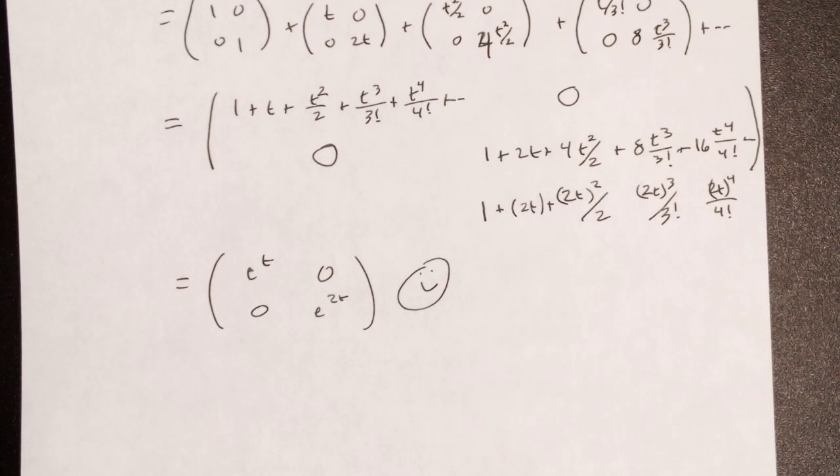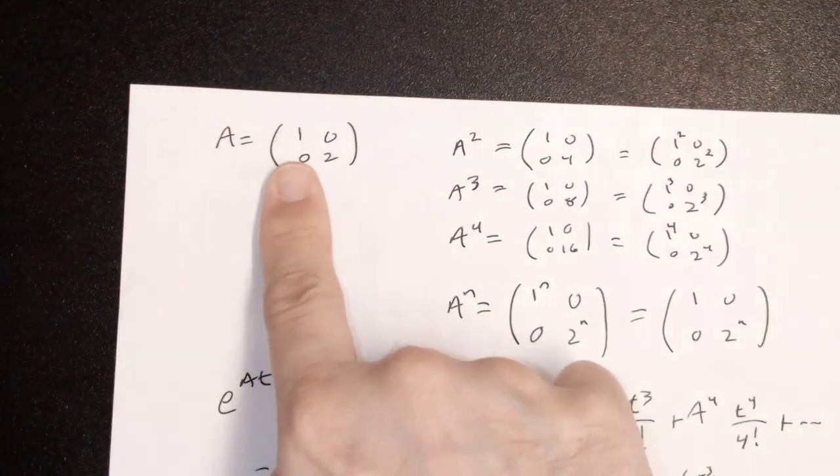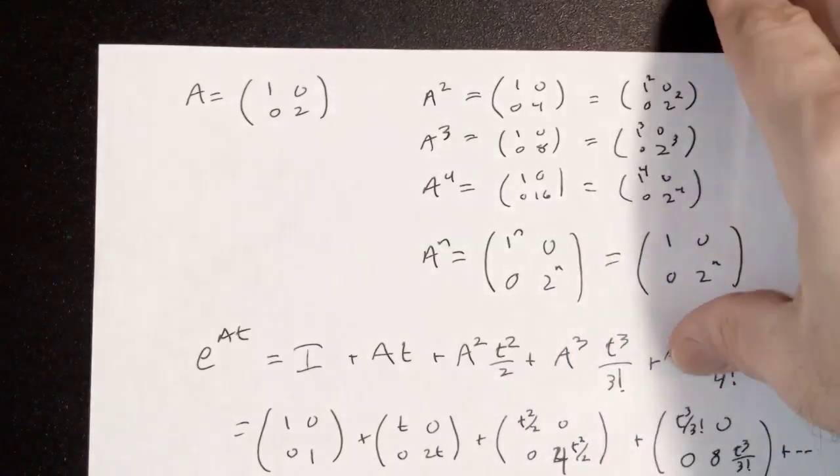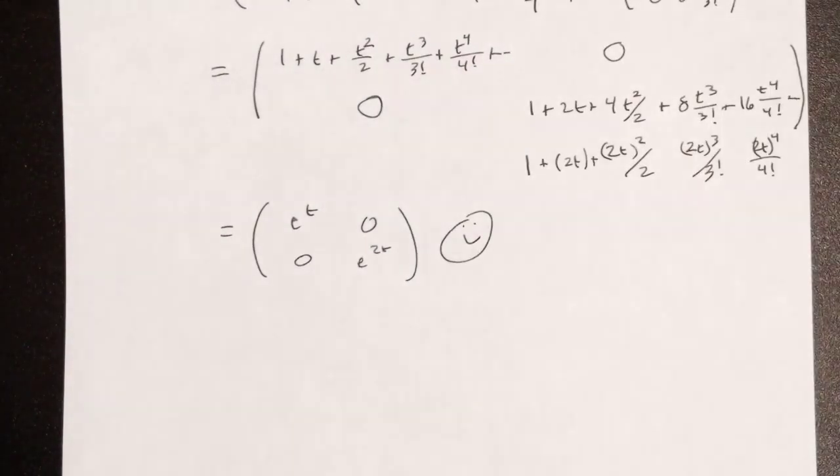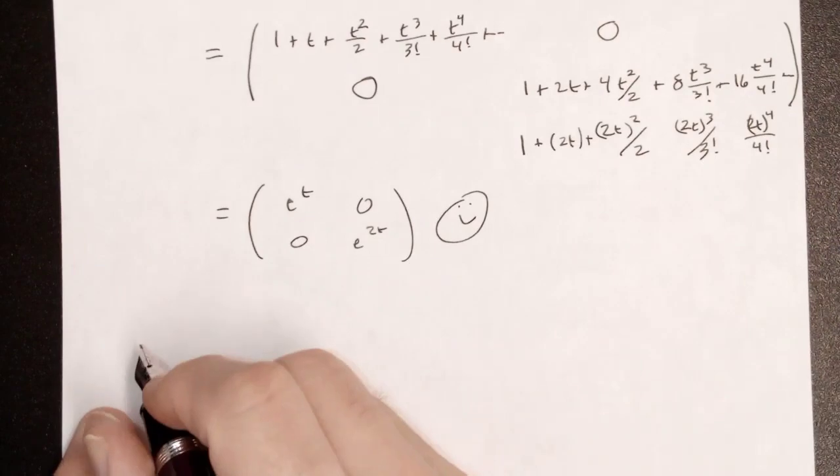The reason this worked so well is because of that pattern up there for A to the n, right? Because that stayed diagonal. This is a diagonal matrix, and all of its powers are diagonal. As a matter of fact, I can do that in general.